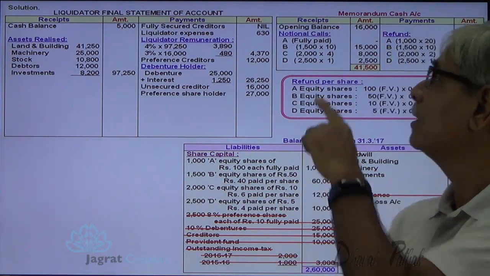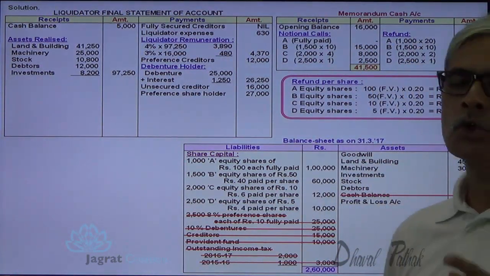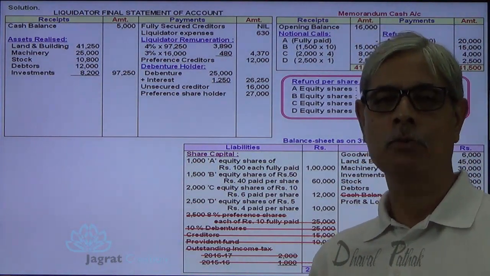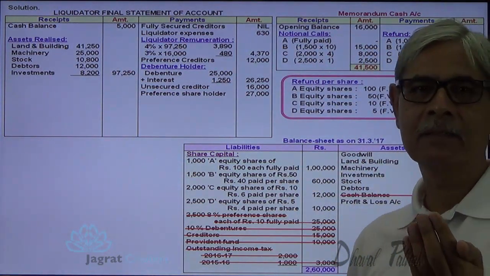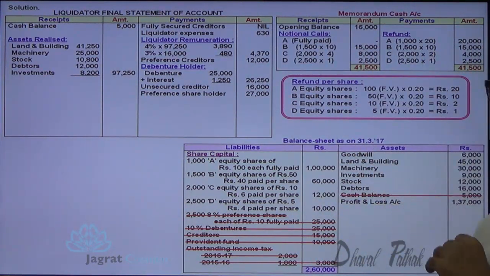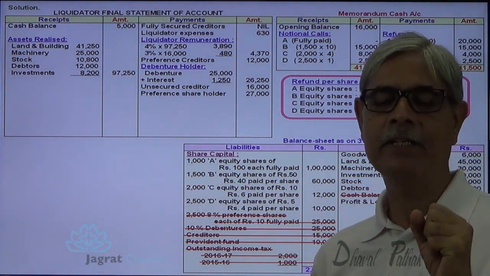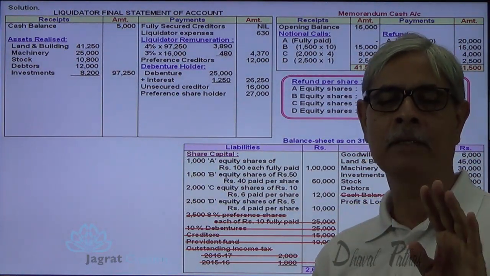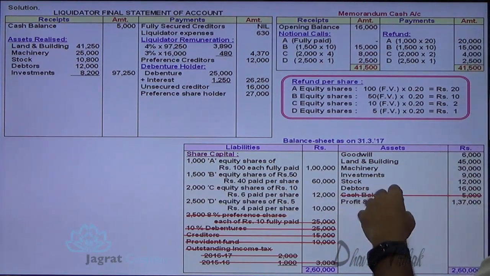So A type, they are required to pay notional last call 0 and notional refund to them 20,000. So real refund of 20,000 is to be made. B category, notional demand from them is 15,000. Notional repayment is also 15,000. So in the actual liquidator statement, nothing should be demanded and nothing should be paid to the B category.